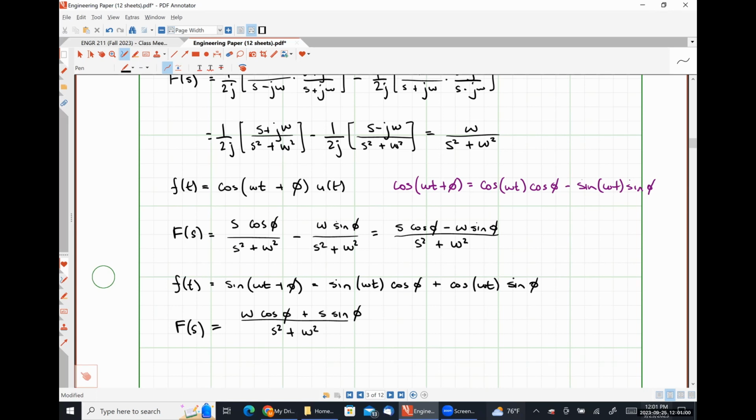Average power for complex or what? What do you mean specifically?